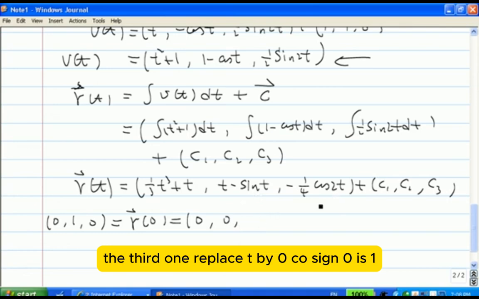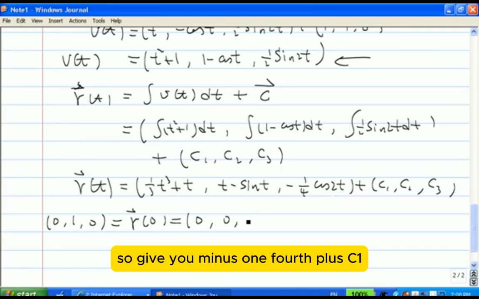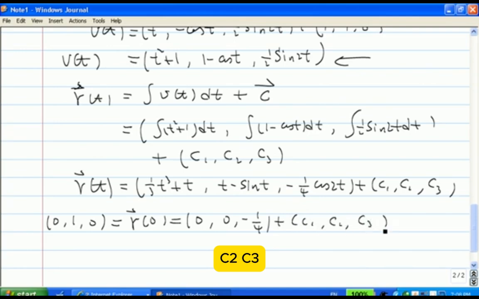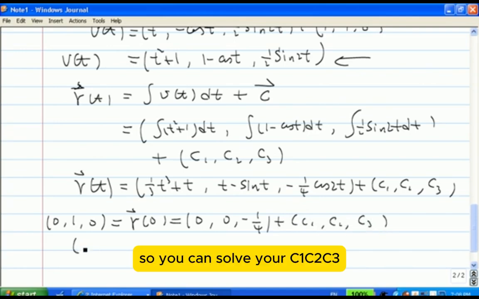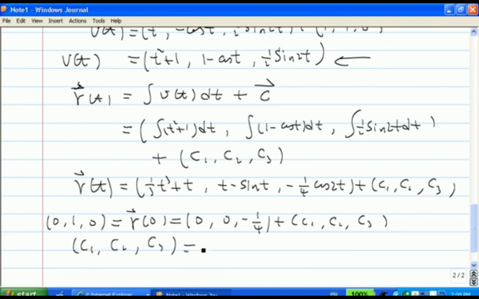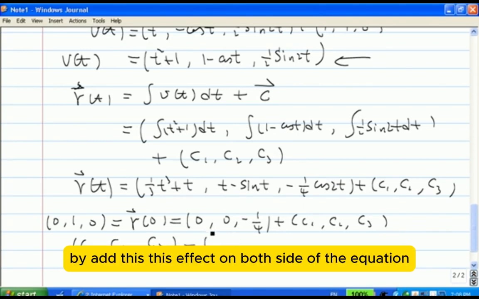The third one, replace t by 0, cosine 0 is 1, so you get minus 1/4, plus C1, C2, C3. So you can solve for C1, C2, C3 by adding this vector on both sides of the equation.